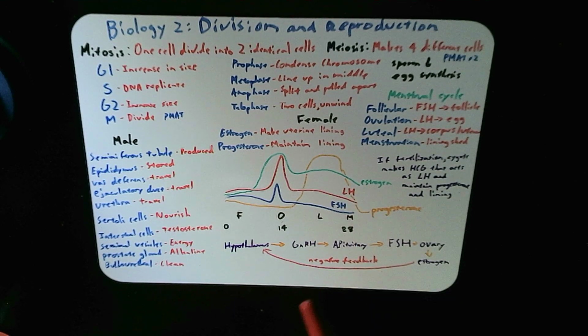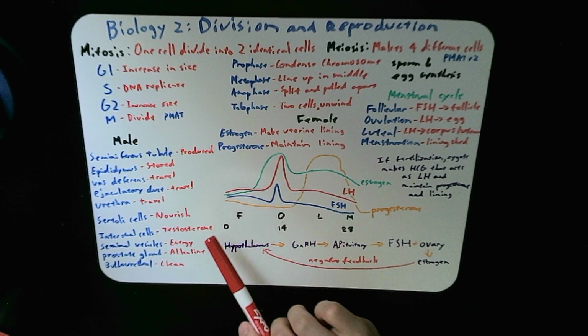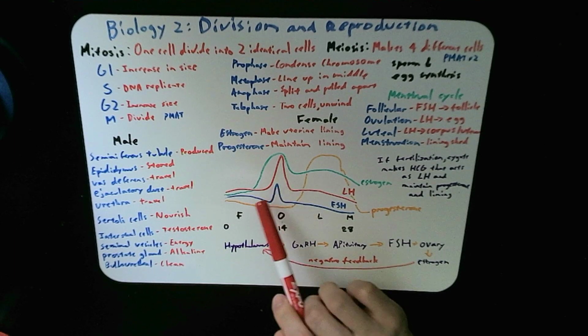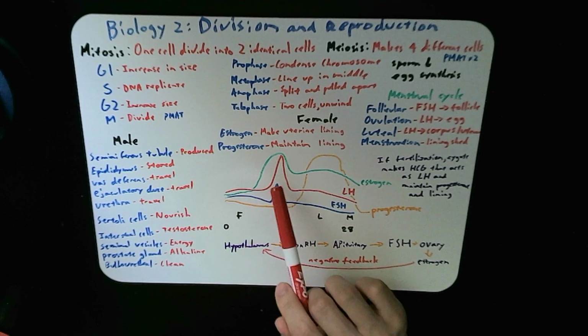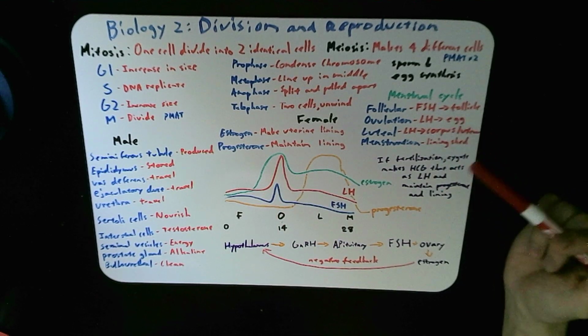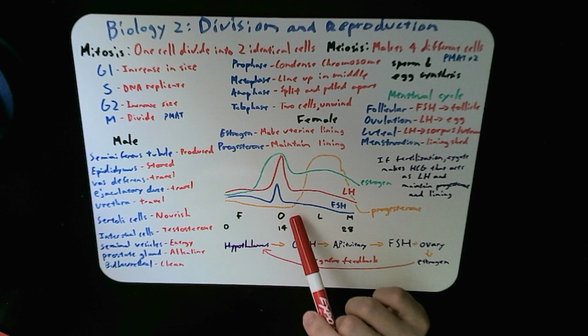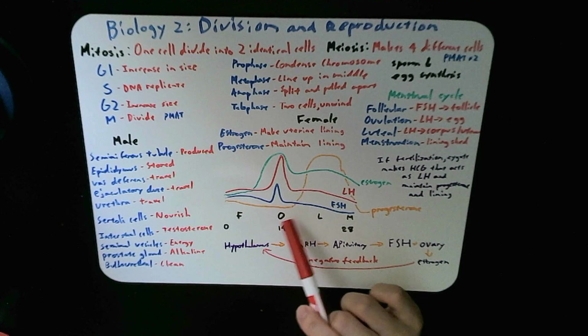The LH hormone is also released from the anterior pituitary gland, and you can see their levels over time from day 0 to the 14th day, when they peak, and that peak, the LH surge peak, causes the egg to be released. Ovulation occurs on about the 14th day. Could be 1 day less or 1 day more, but about there.